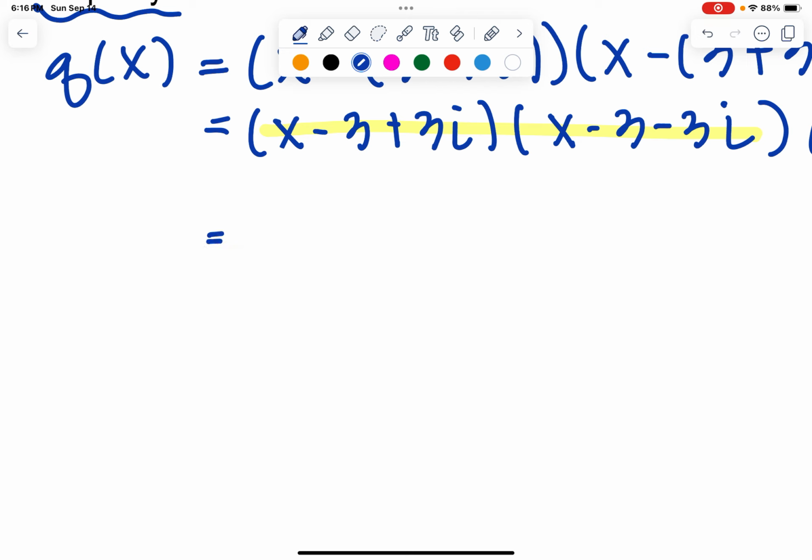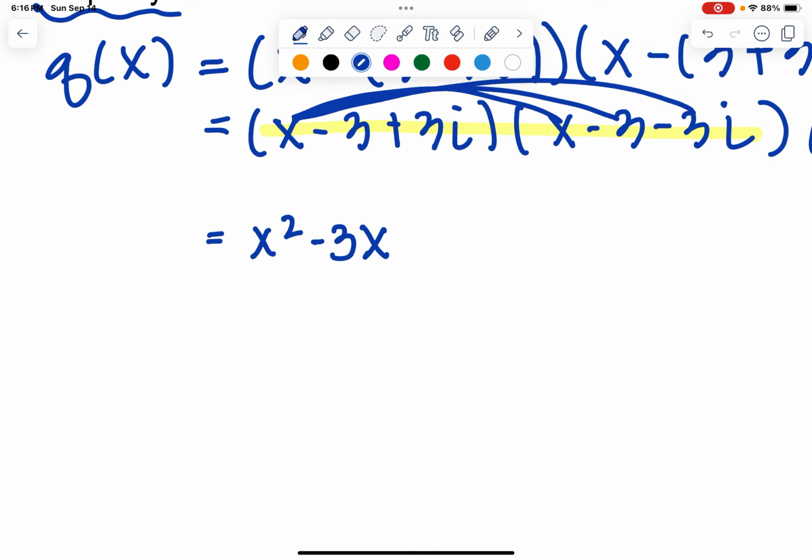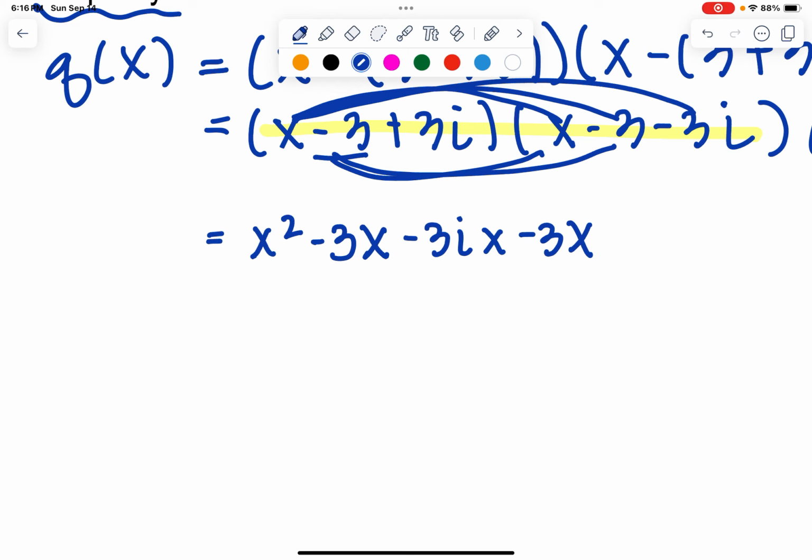So I have x times x is x squared. X times negative 3 is negative 3x. That is negative 3ix. Now I'm going to distribute this negative 3. That's negative 3x, positive 9, and positive 9i.